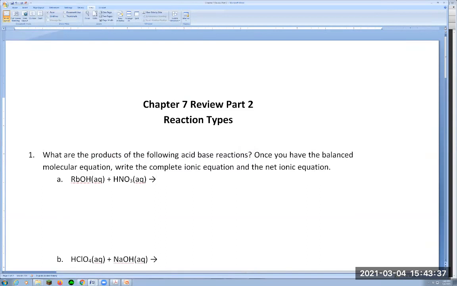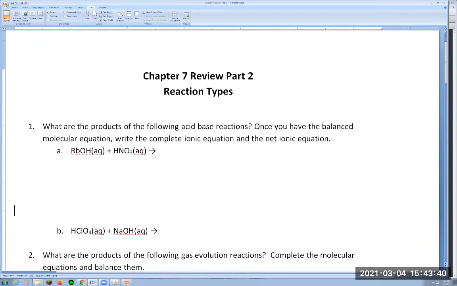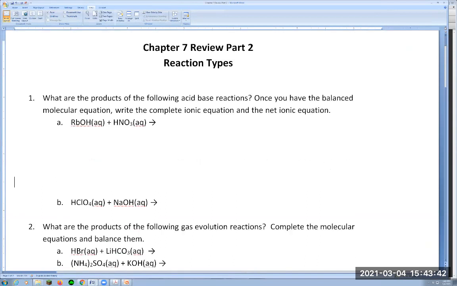So let's start with 1A here. The acid is the compound that has H, the hydrogen, first in the formula. So the acid is HNO3 because it has H first in the formula.